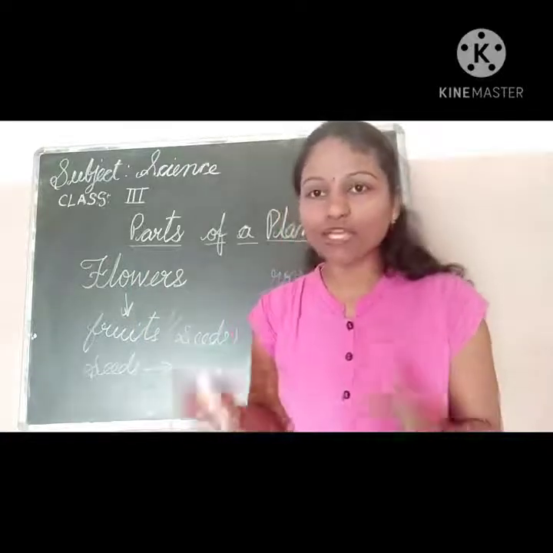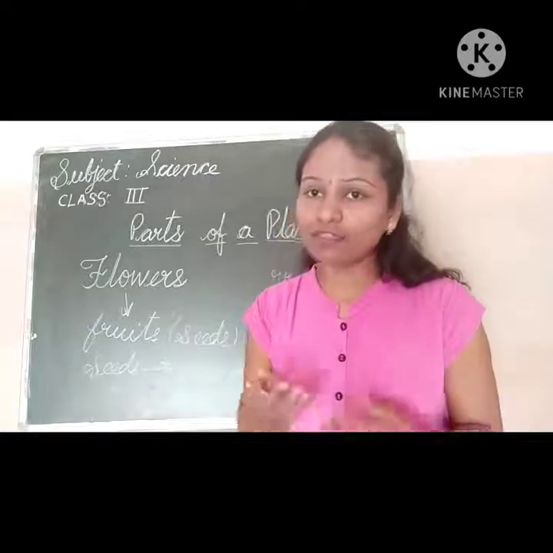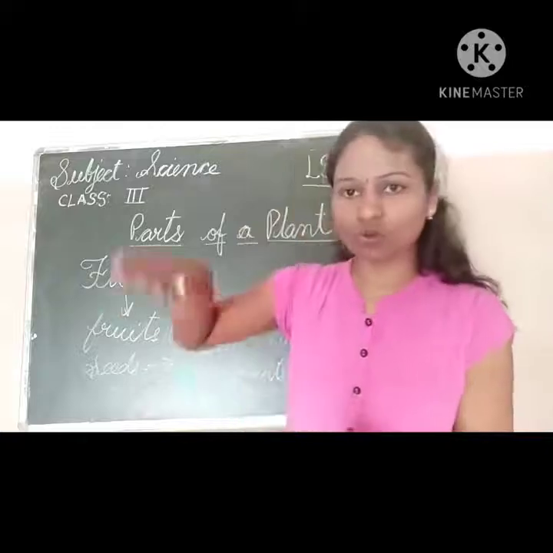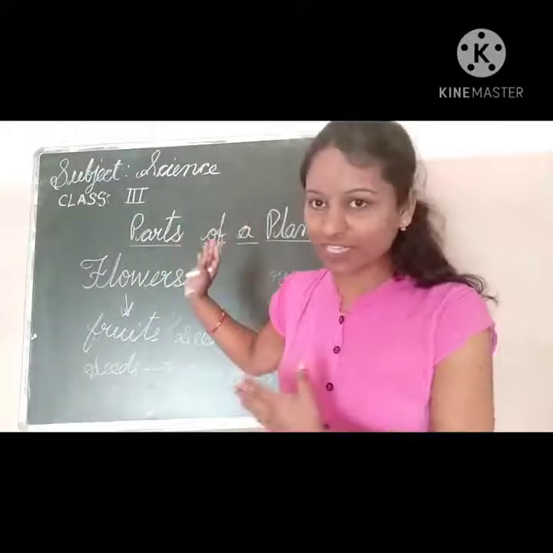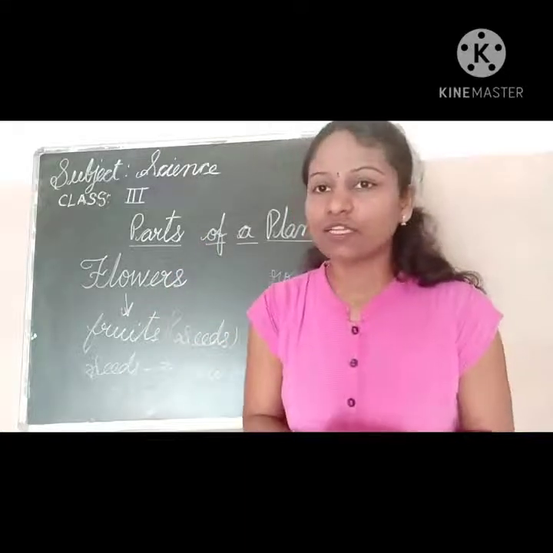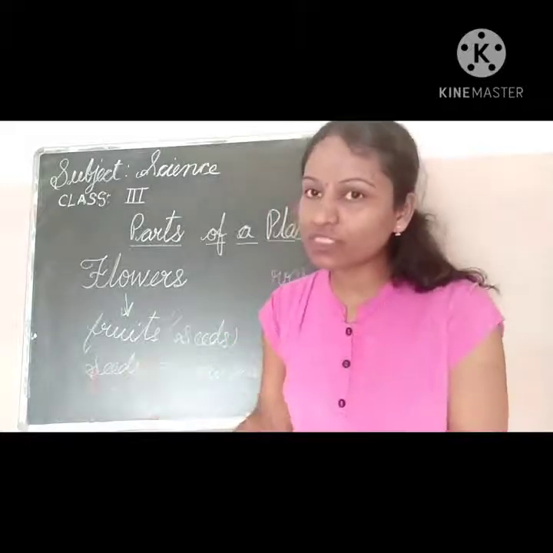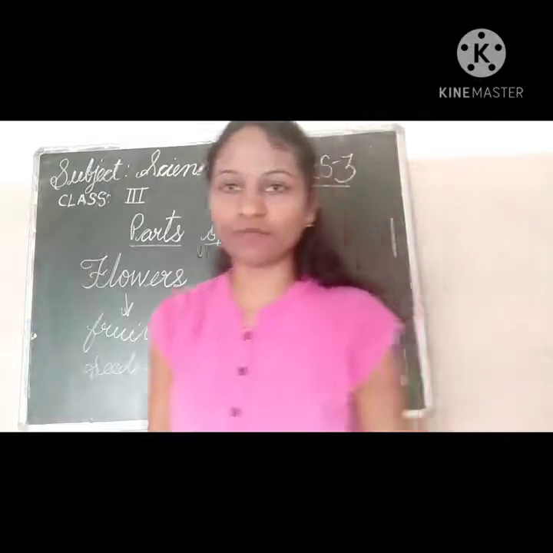Then it absorbs the nutrients from the soil, and the seeds give rise to roots and shoots. Shoot means, as we have seen in the first class, all the branches, stem, and leaves, which come under the shoot system of the plant. But what about the roots? The root is under the ground and helps us.